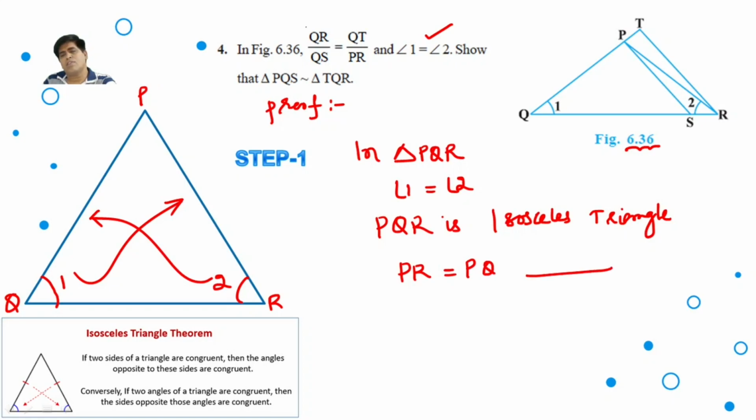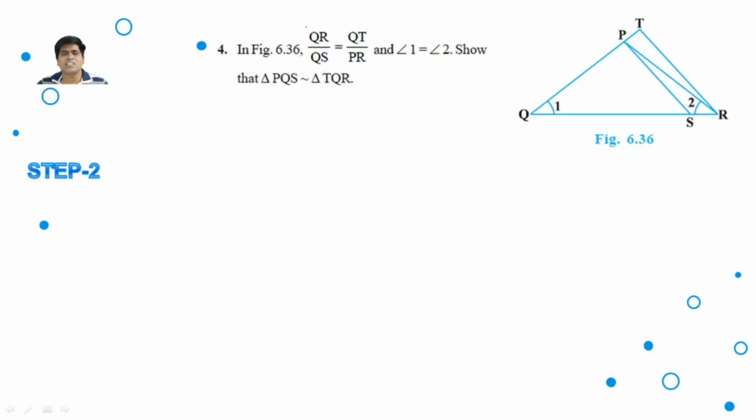This is a very important point that we have deduced in the first step. In triangle PQR, angle 1 is equal to angle 2, so PQR is an isosceles triangle, and automatically the PR side is equal to the PQ side. We'll move to the second step.